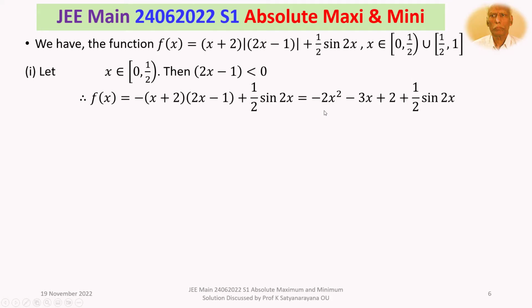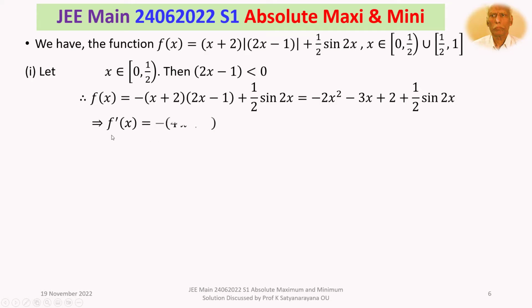And to find the maximum value and minimum value of this function in this subinterval, we have to talk about its first derivative: if it is greater than 0, it will be increasing, if less than 0, decreasing. If increasing or decreasing, then we can find maximum, minimum of this function in this subinterval.